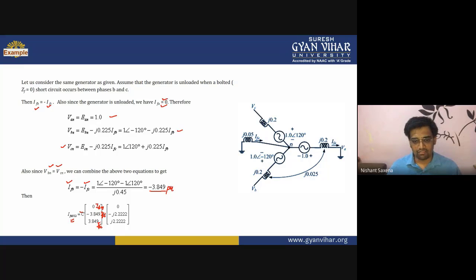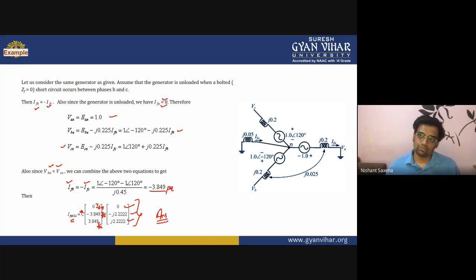I've just substituted the values of IFA, IFB, and IFC. So we were getting these values as this one. And when we substitute the C matrix, we will get this one. This is your answer.